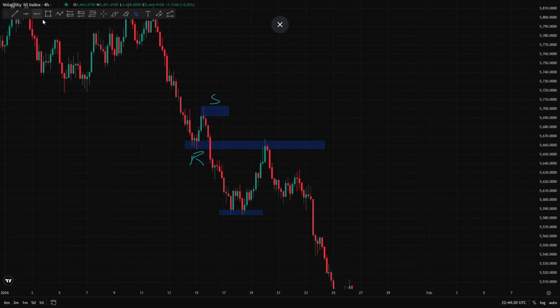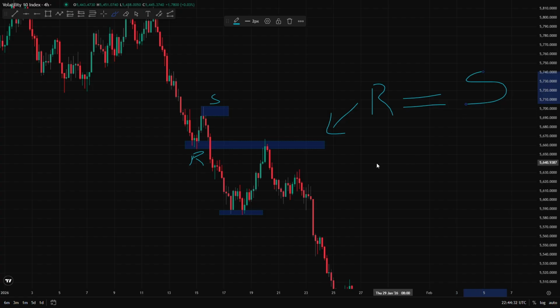So this area here is a resistance equals support.